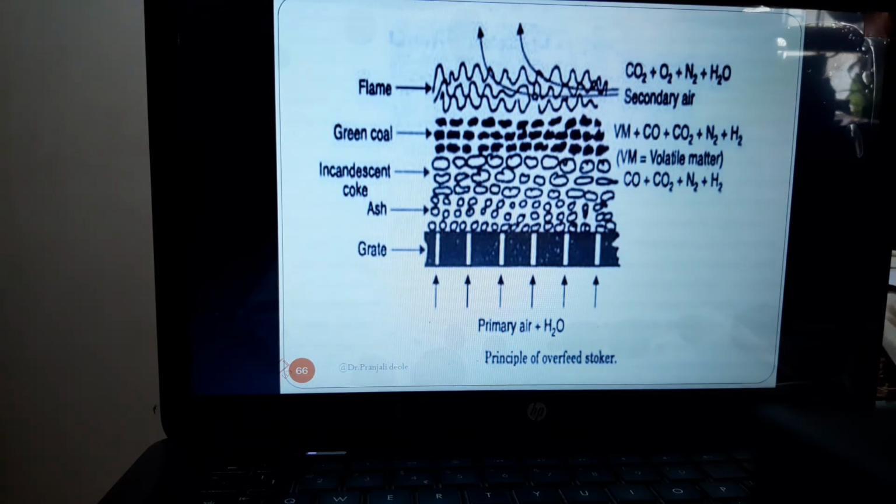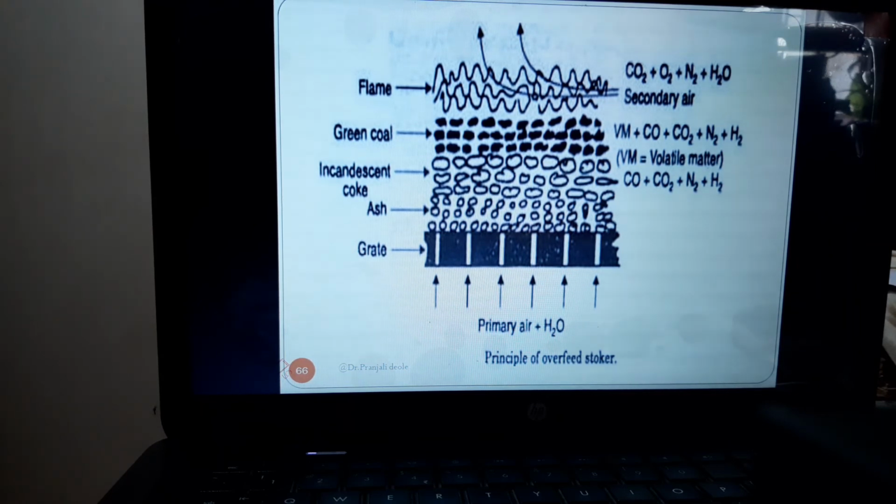Water vapors entering with the air react with the coke to form CO2, CO and free H2. Upon further travel through the incandescent region, some of the CO2 reacts with coke to form CO. Hence, no free O2 will be present in the gases leaving the incandescent region.